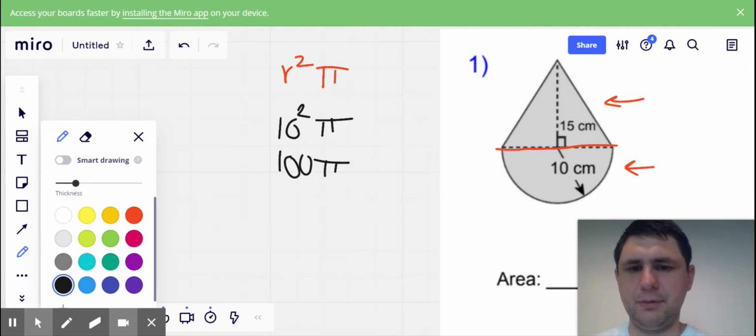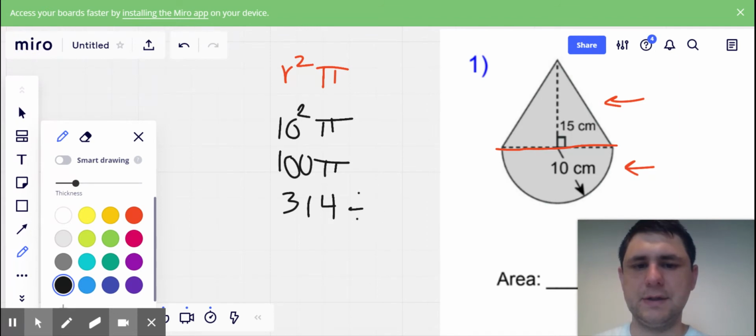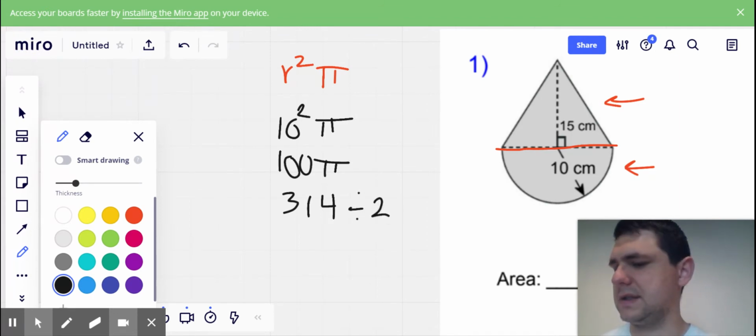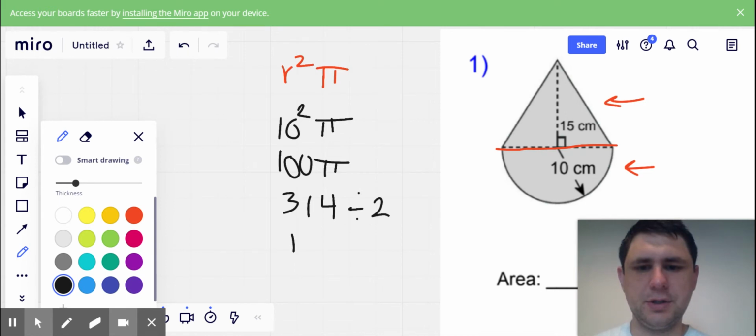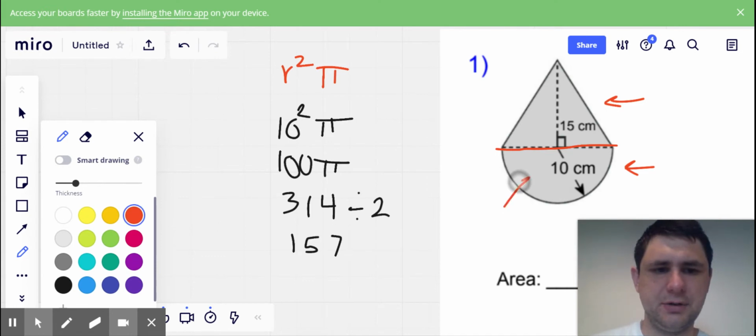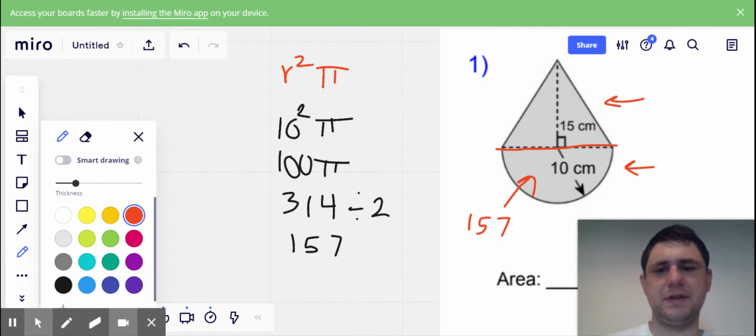And then if we're using 3.14 for pi, that will be 314. Remember that we're going to have to divide that by 2 since this is a semicircle to get 157. Okay, so that means that this section right here has an area of 157.